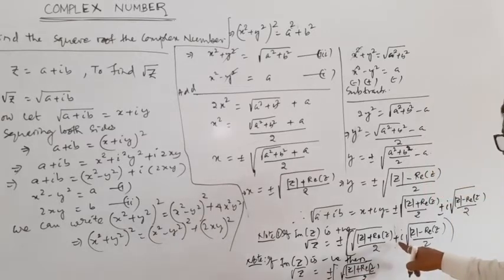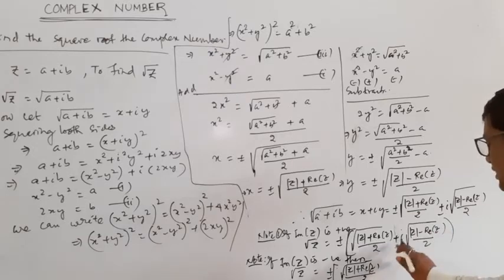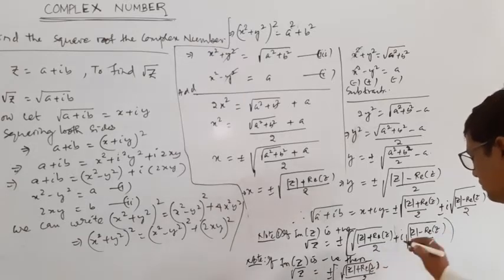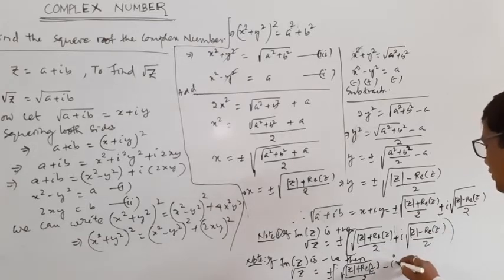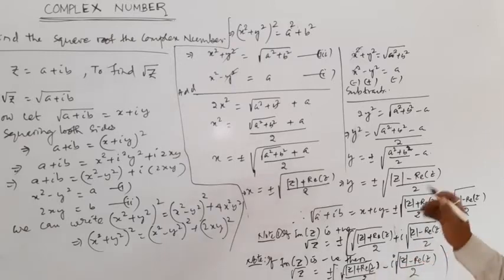If the imaginary part is positive, then it is plus sign; if the imaginary part is negative, then write minus sign, minus i square root of mod z minus real part of z by 2. Two cases here.